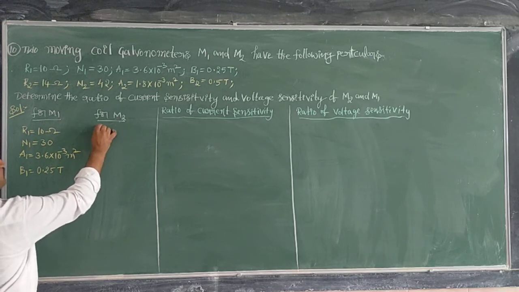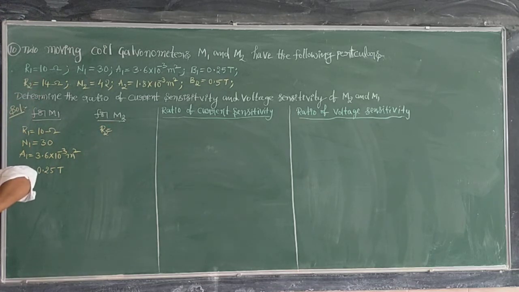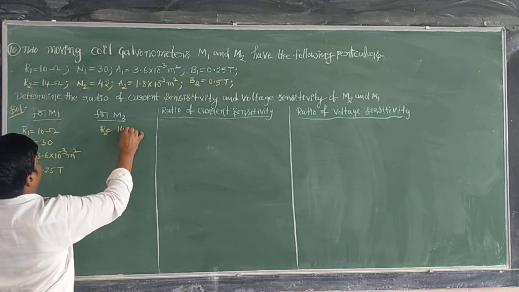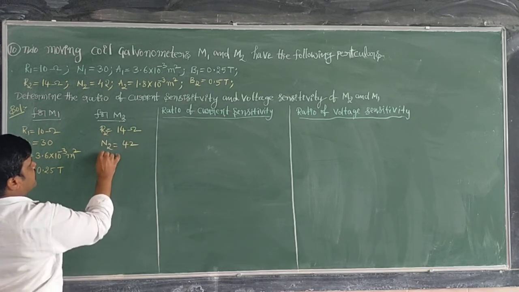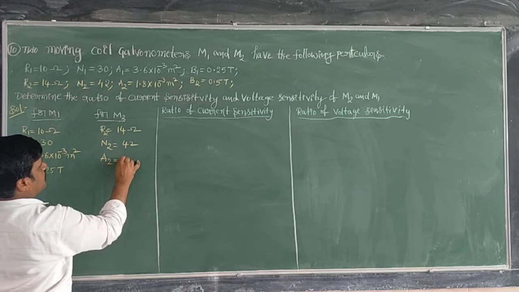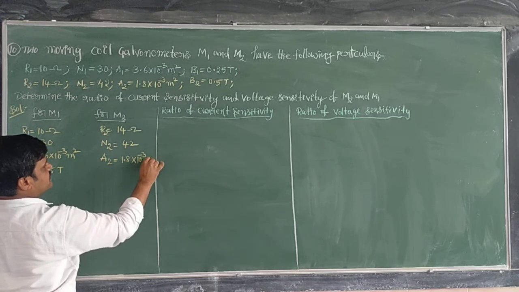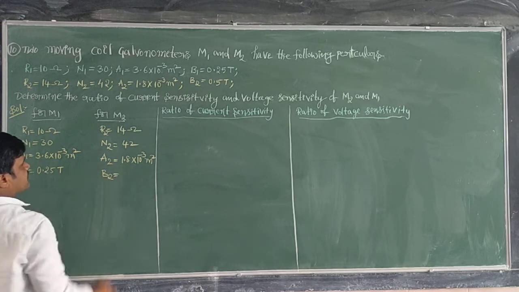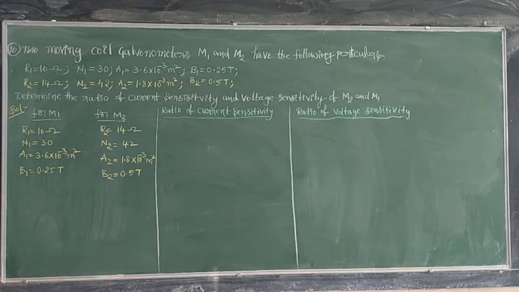In a similar way, for M2, the resistance of the second coil in the second moving coil galvanometer is 14 ohms. The number of turns is 42. The area of the coil in the second moving coil galvanometer is 1.8 into 10 power minus 3 meter square, and the magnetic field in which the second moving coil galvanometer is placed is 0.5 Tesla.